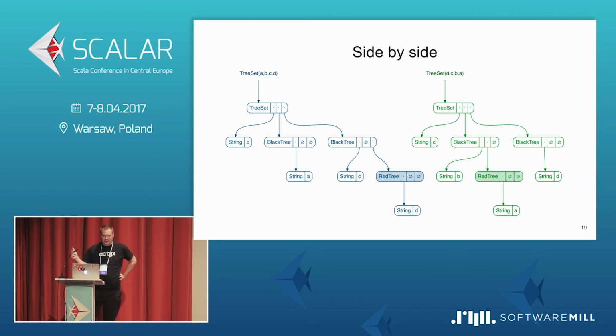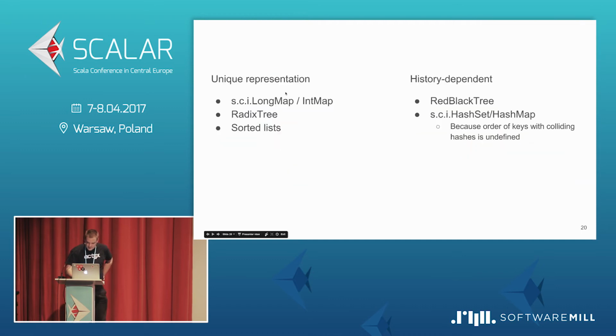So you cannot compare those two structurally. If you did compare them structurally, it would return false, but obviously they are meant to be the same set, because in a set the element order should not matter. So for some data structures like red-black trees, structural comparison is not possible. That's why I like radix trees, because in them it is possible.